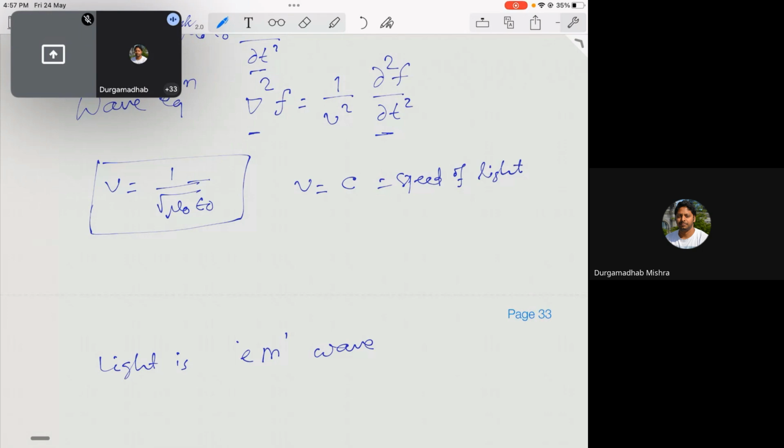We can call it electromagnetism, and this distinguishes it from the earlier notion. People used to think that electricity and magnetism were two different things altogether.